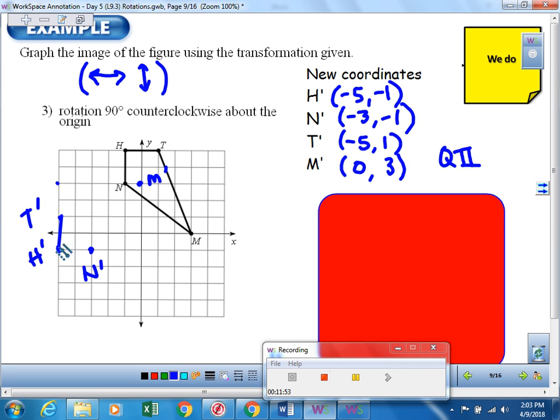And then you connect your points. Are we mostly in quadrant 2? Yes. You know, it's just a little double check. That's what that quadrant tells you. Any questions?